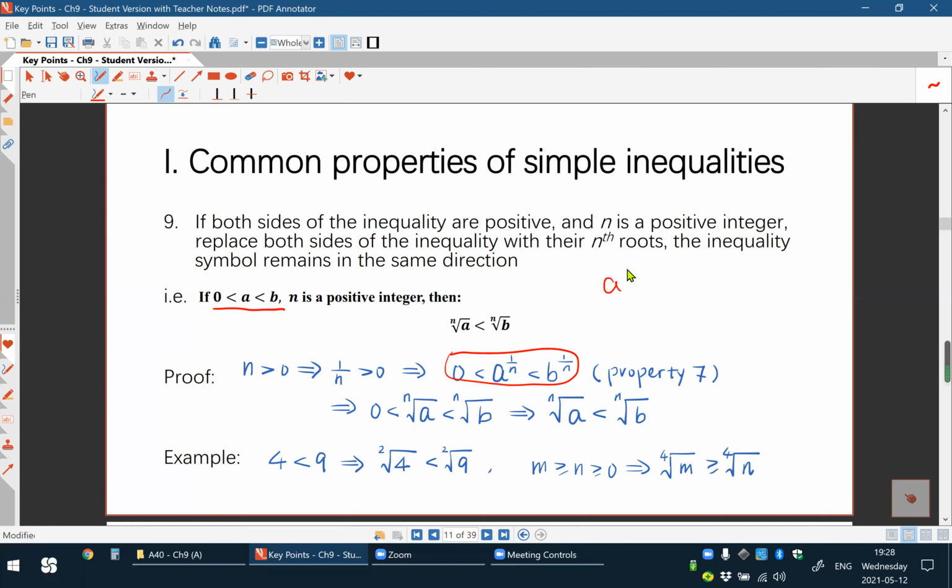And actually, a to the 1/n is actually the nth root of a, right? So of course, we will have the nth root of a is smaller than the nth root of b. Also, the two numbers here are both positive numbers, right?